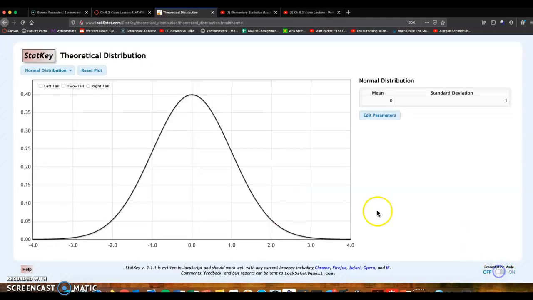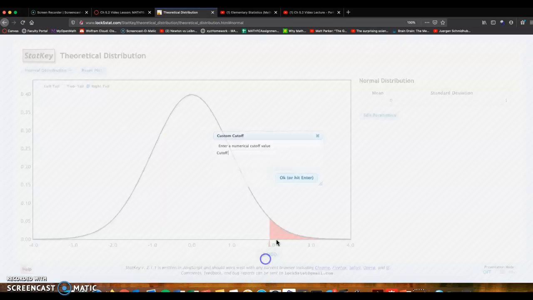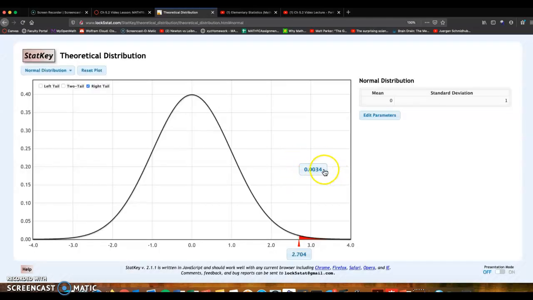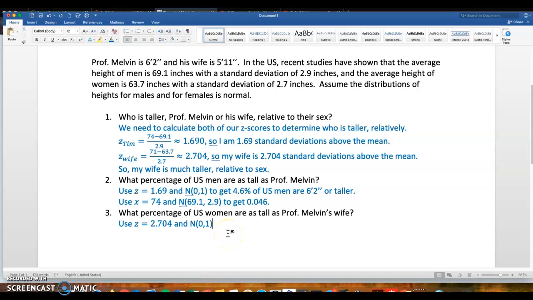Click OK. And now I'm going to click on right tail, and this bottom entry is 2.704. Click OK. Notice that the percentage is 0.0034, which is the same thing as 0.34% of U.S. women.